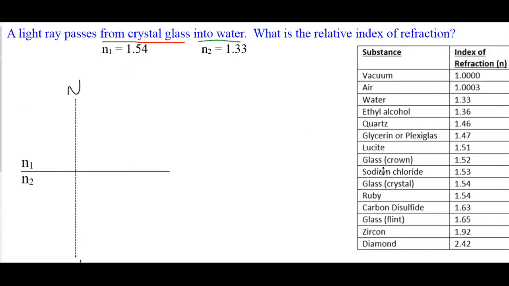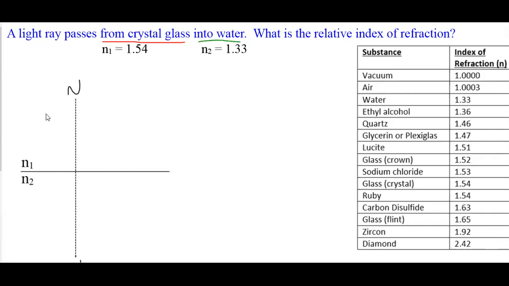If you look it up on your chart, you have quite a few different types of glass: crystal glass, 1.54, and water, 1.33. I know I'm going from a slow medium into a fast medium, because these are ordered from light traveling fast to light traveling slow. Water is higher up on the chart. It has a smaller index of refraction value, so I already know what's going to happen.